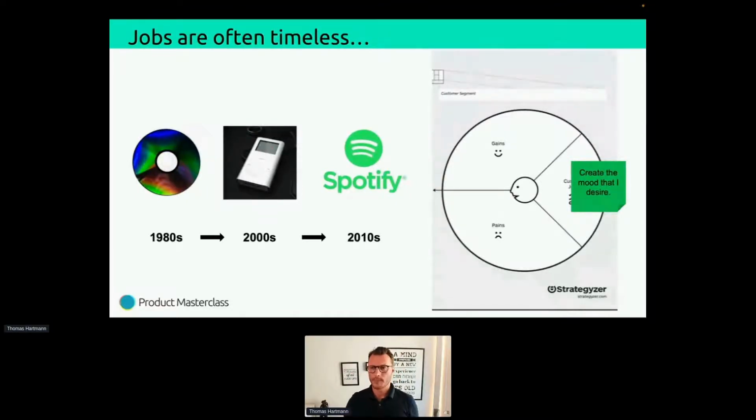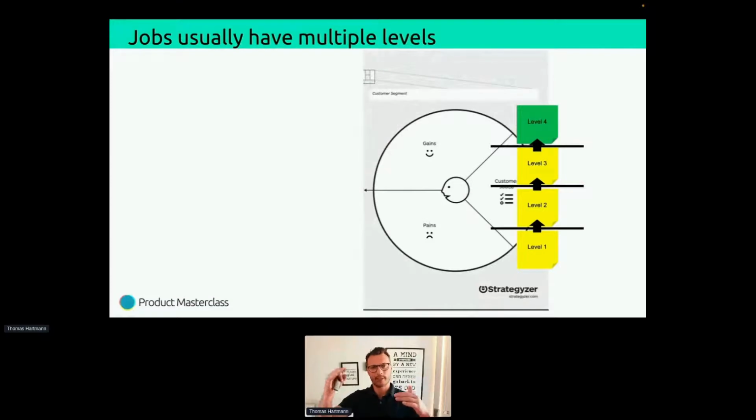So jobs have different levels, and being aware of that is the most important thing, because many people get confused about these different levels. They sometimes have different levels in the customer jobs, and then solutions obviously vary for the different levels you want to focus on, right?